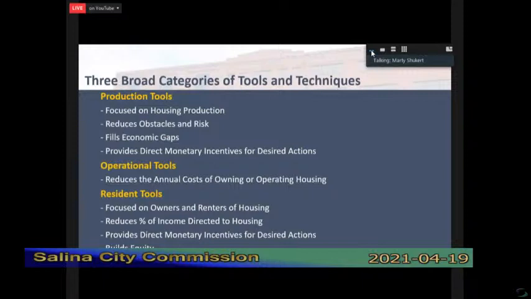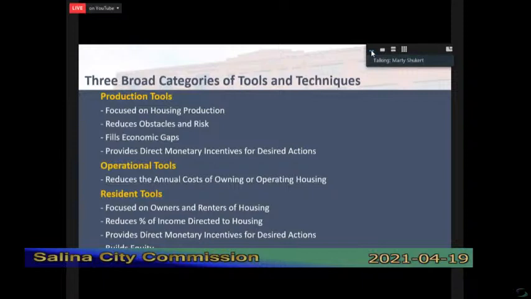Generally, resident tools will reduce the percent of income that's directed to housing. So that's the direct measure of affordability. And typically the measure that we use is that a family or a household should ideally pay no more than 30% of their household income for housing costs. That's kind of the federal standard.